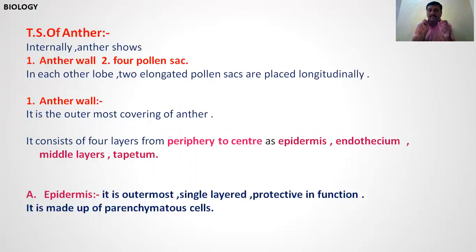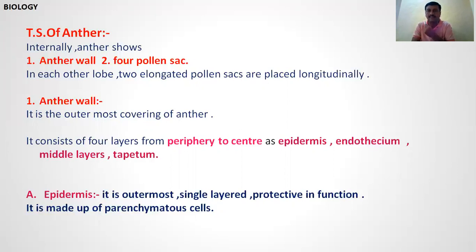Internally, the anther is divided into two parts: first the anther wall, and second the pollen sac. One lobe of the anther has two pollen sacs, and two lobes of the anther have four pollen sacs.